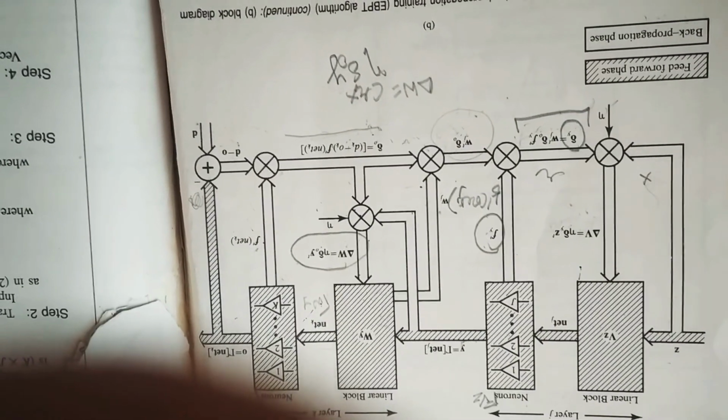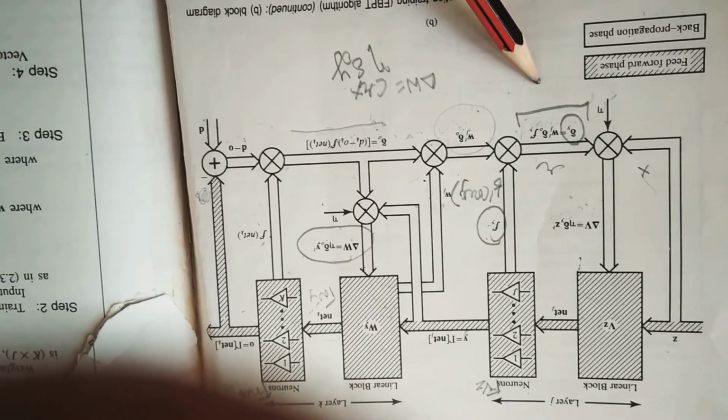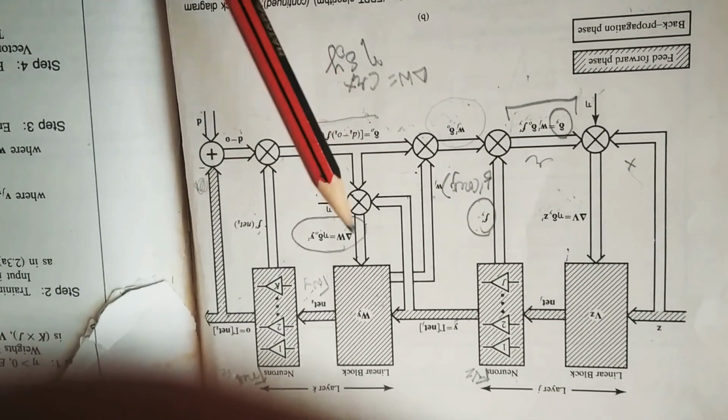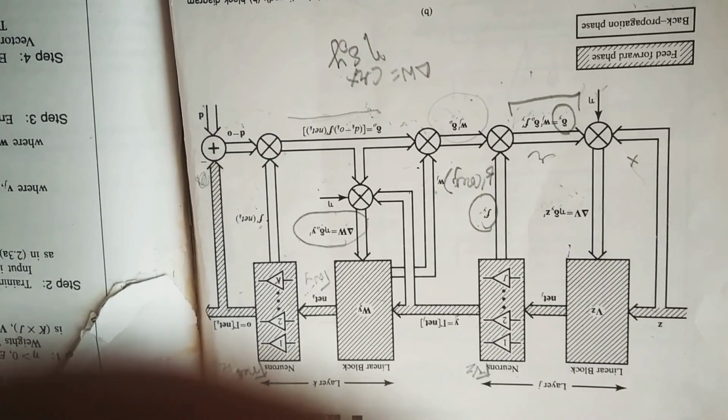Now you are in a position to write all these derivations on your own with the help of the diagrams shown there and with the help of the flow chart.